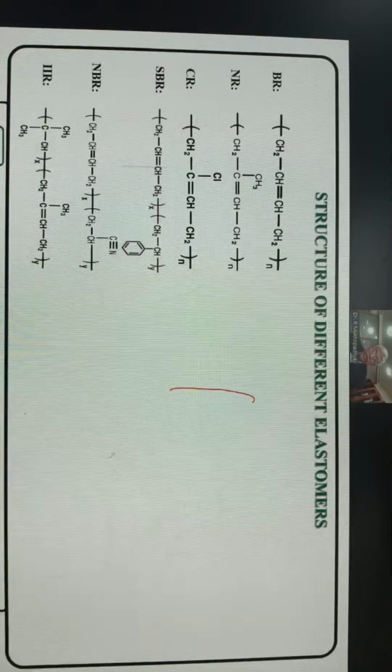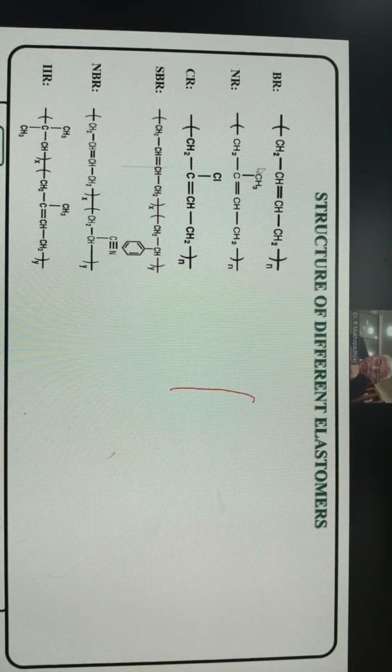If you look at the structure, I am just considering the unsaturated rubbers. If you see natural rubber, and this is polybutadiene, and when hydrogen is replaced by methyl, the character changes. Again, when one hydrogen is replaced with a chlorine, the double bond is more or less deactivated.